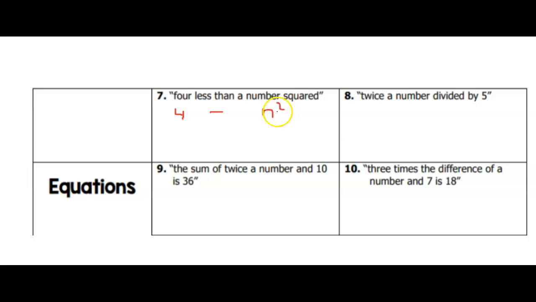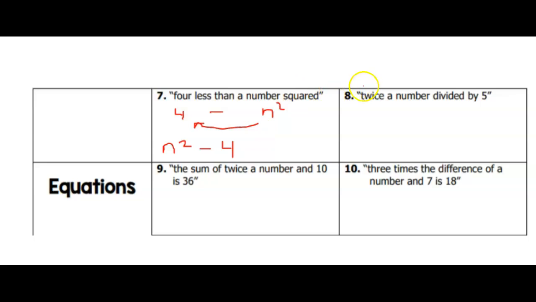Now, 4 less than a number squared, well, less than, remember, is our turnaround phrase. So that means that I am going to turn this around. This is n squared minus 4. Okay, turnaround phrase. You got to flip them.